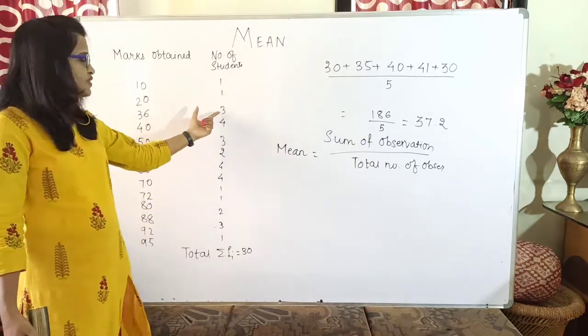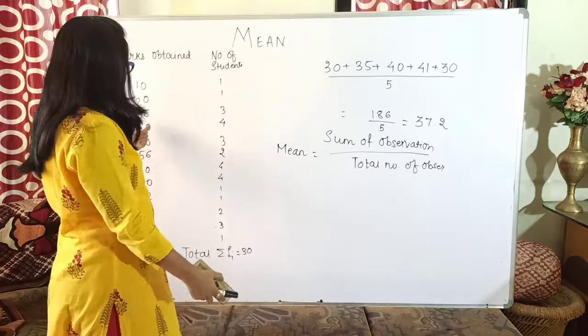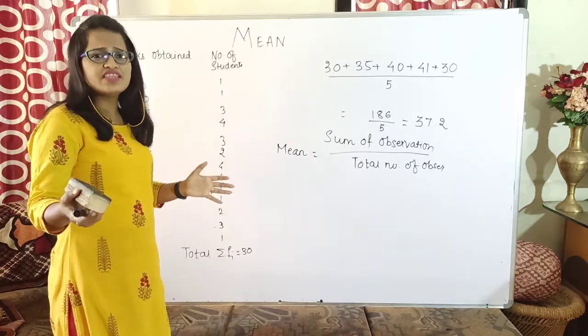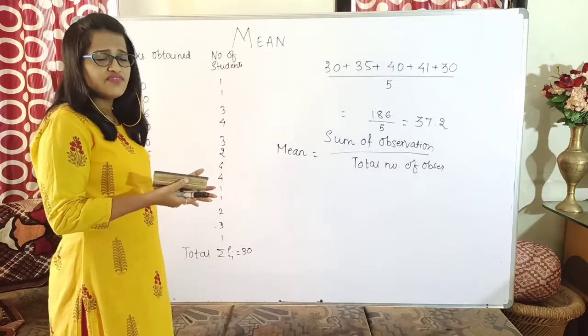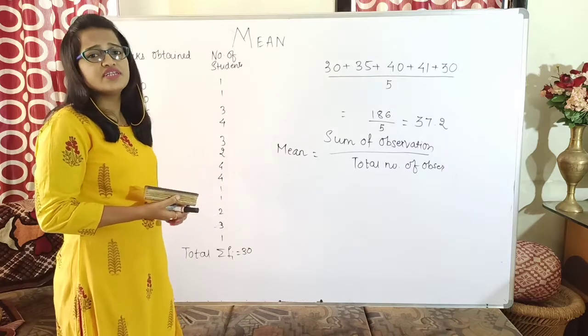Since 36 is repeated 3 times, the 36 observation is present 3 times. Then 40 is repeated 4 times, so 40 plus 40 plus 40 plus 40. It will be a very lengthy value, with so many numbers to add, a very tedious process.